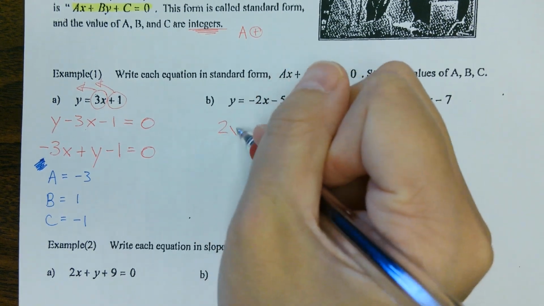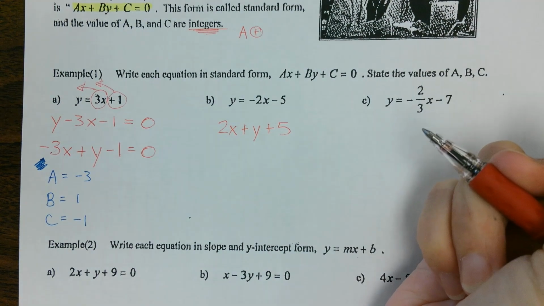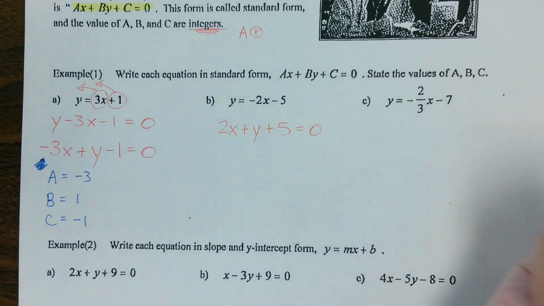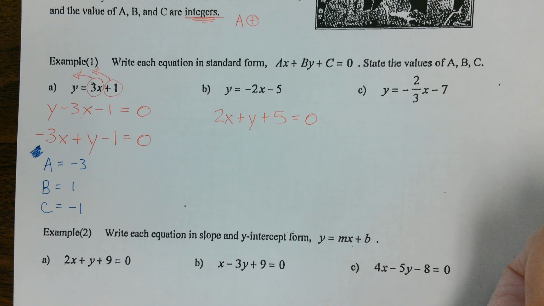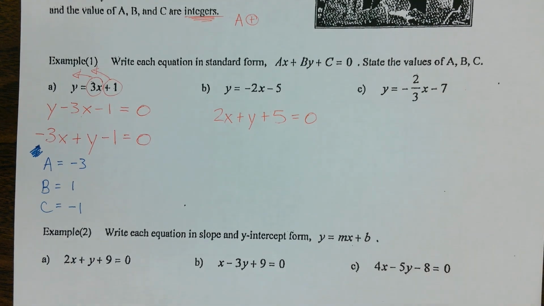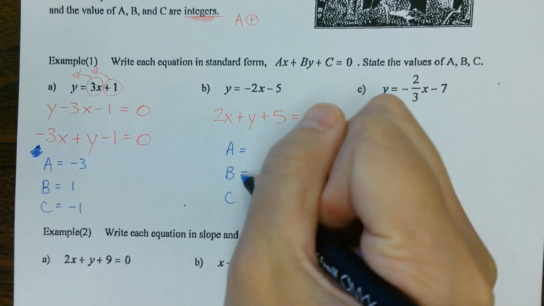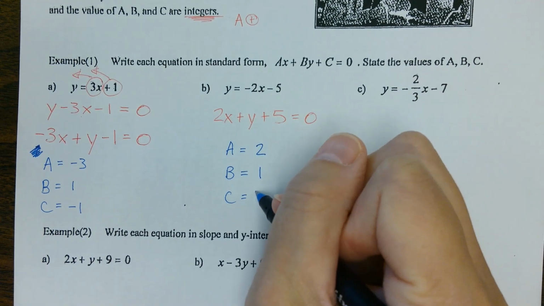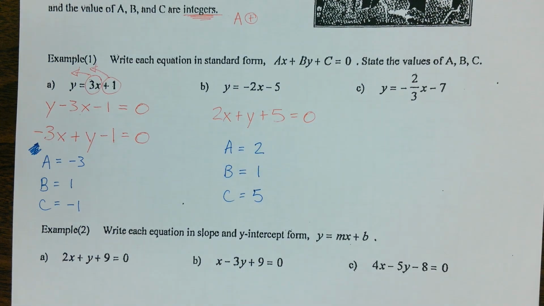Do 2x plus y plus 5. Half a mark off. Equals 0. Thank you. It's not an equation unless there's an equal sign. What's A, what's B, and what's C then? So A is 2, B is 1, C is negative 5. Negative 5? Positive 5. Good.